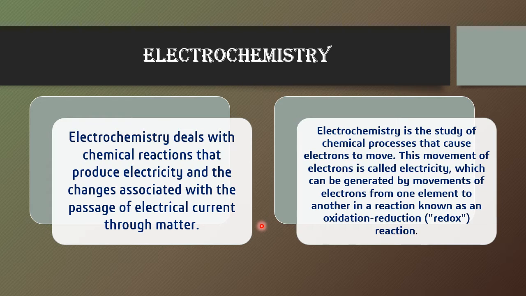Then in that case current can be generated. So in this way, due to the movement of the charges, the redox reaction is produced in the electrochemical cell.